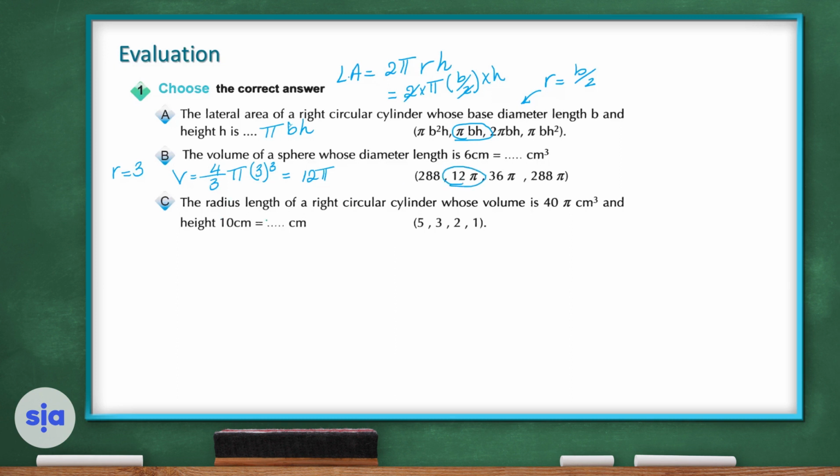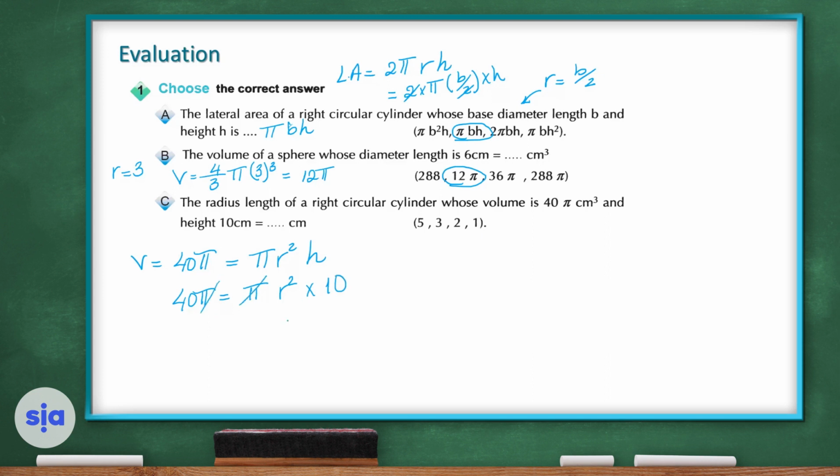Part C: the radius length of a right circular cylinder whose volume is 40 pi centimeters cubed and the height is 10 centimeters long. The volume is pi r squared h, so 40 pi equals pi times r squared times 10.